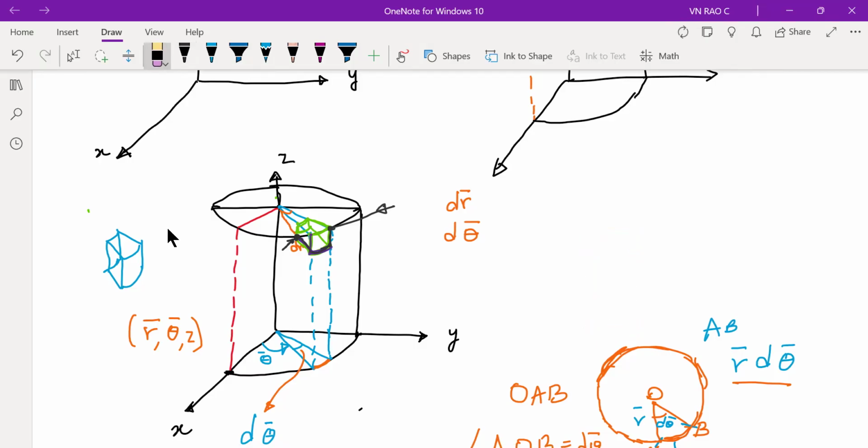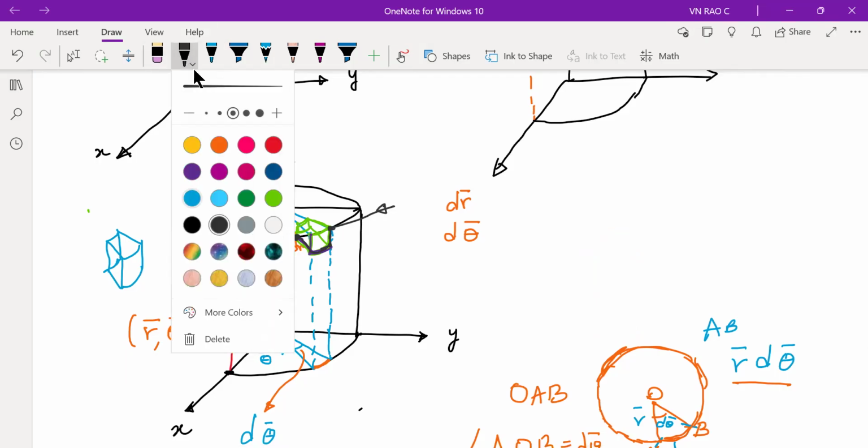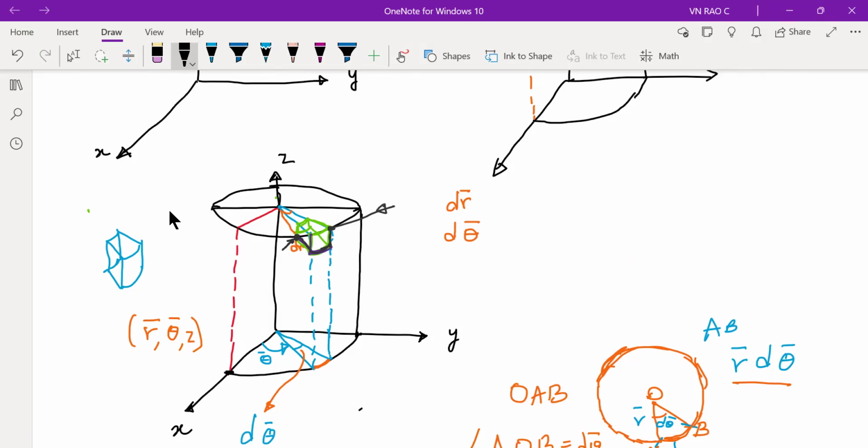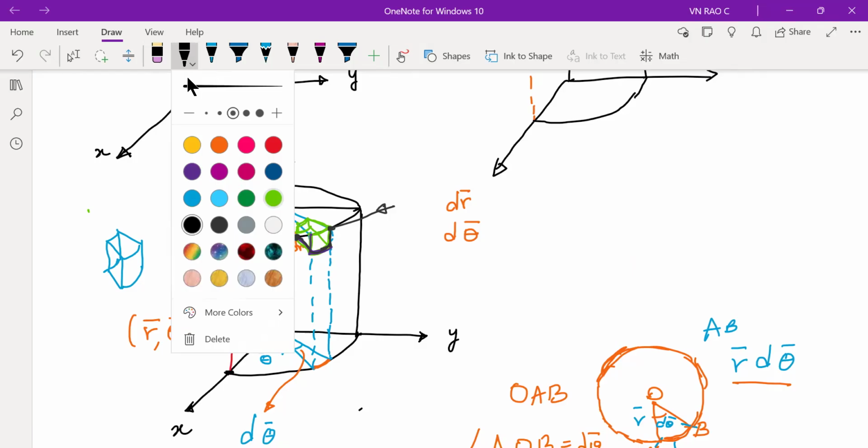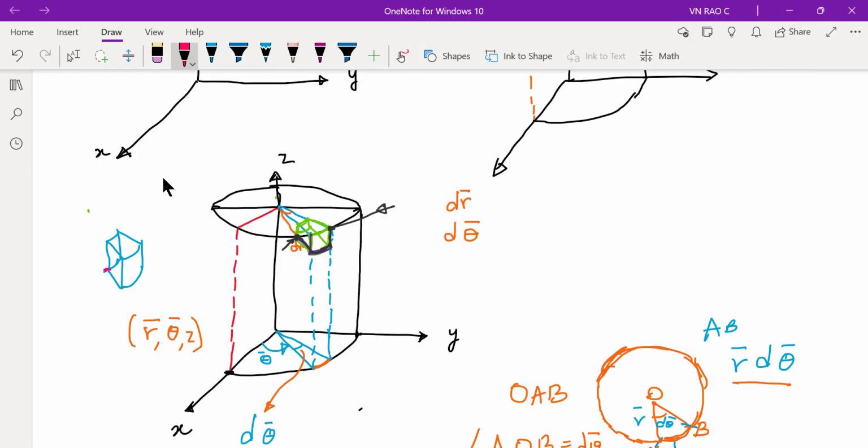Suppose I want to reach this point, taking this in red color. I can go from this one, and I can come up like this. This makes one entire length to travel from A to D. So this is A, B, C, D, suppose like this.